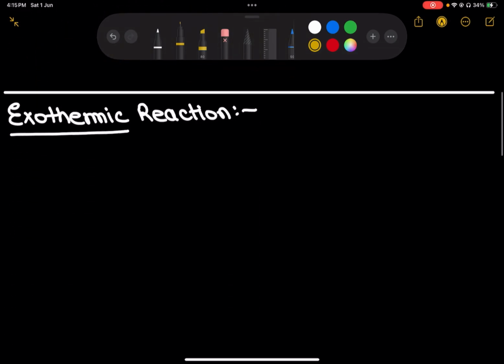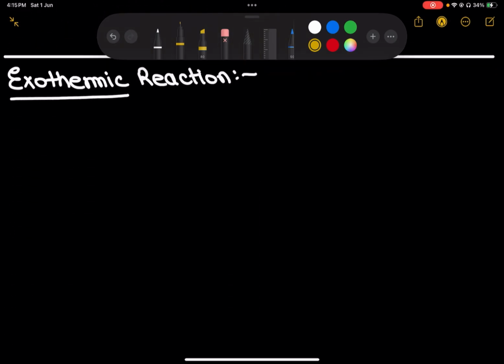The first one is exothermic reaction. So what exactly does this word exothermic mean? Thermic or thermal means heat, obviously, right? Exo means giving out or releasing.